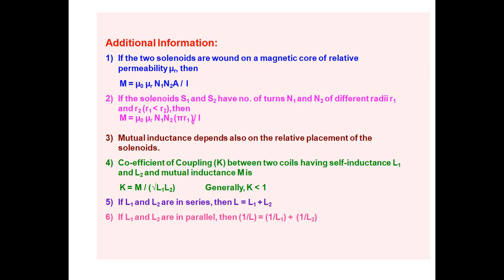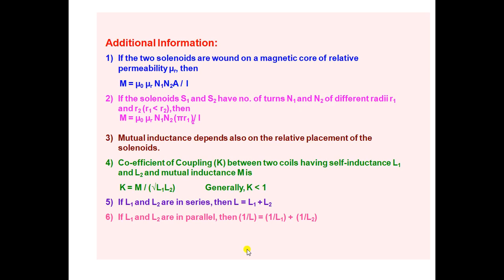If the two solenoids are wound on a magnetic core of relative permeability mu r, then the expression will be M equal to mu naught mu r N1 N2 A by L. If the solenoids S1 and S2 have number of turns N1 and N2 of different radii R1 and R2, then the expression for mutual inductance M is equal to mu naught mu r N1 N2 pi R2 squared divided by l.